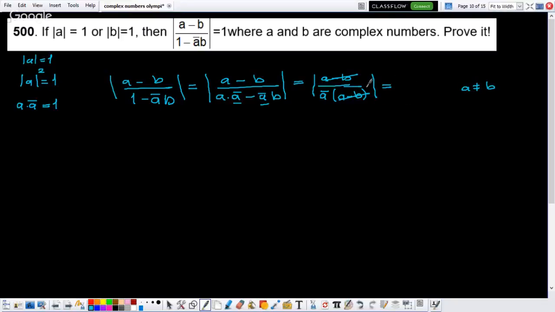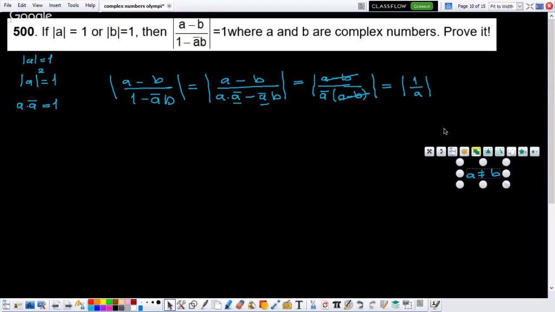But A minus B, when you simplify, the result will be equal to 1 over A module, because the module of 1 is equal to 1, the distance of 1.